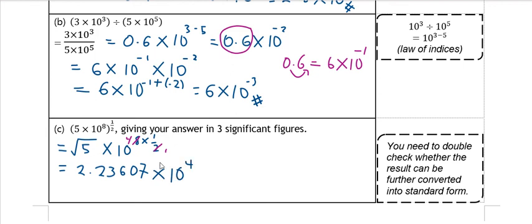But since there are a lot of digits involved, you refer back to what you are supposed to answer. Here you have to leave it in 3 significant figures. So you stop at the third digit, which is 2.23. But here the 3 is rounded up, so it will become 2.24 times 10 power 4. So that's your answer.